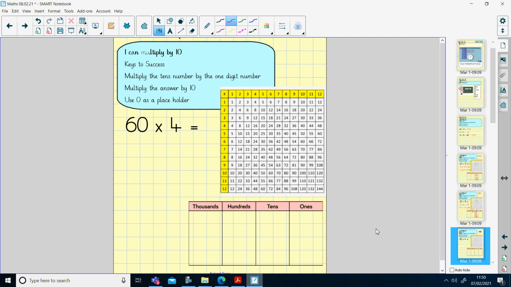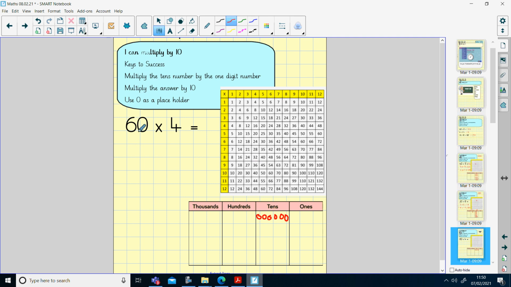Okay, hopefully you've had a go at that by now. So we're going to do 60 times 4. So I could draw 60, 10, 20, 30, 40, 50, 60, and I could do that 4 times and count them up. But what we're aiming to be able to do today is use this longer method.